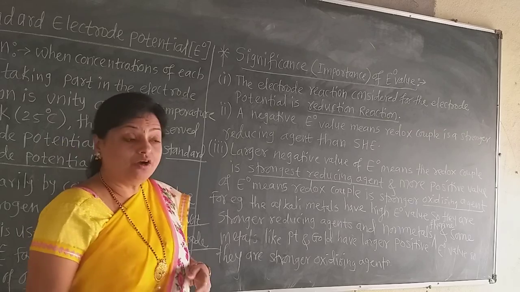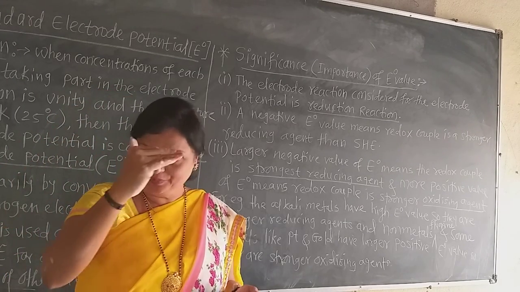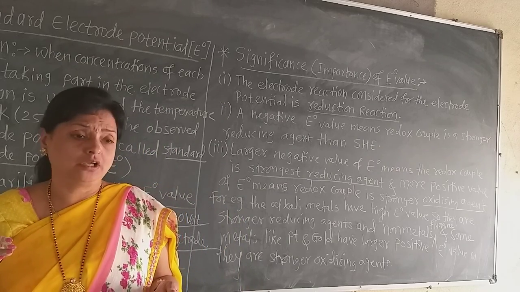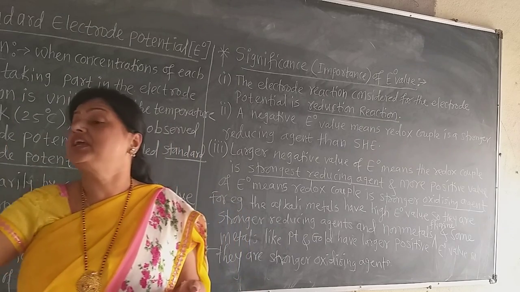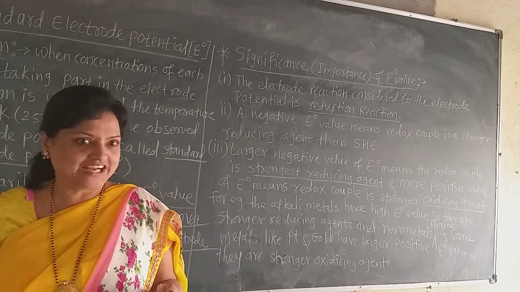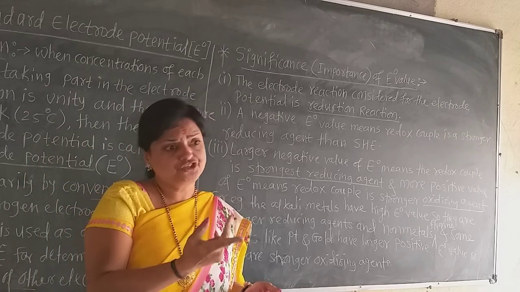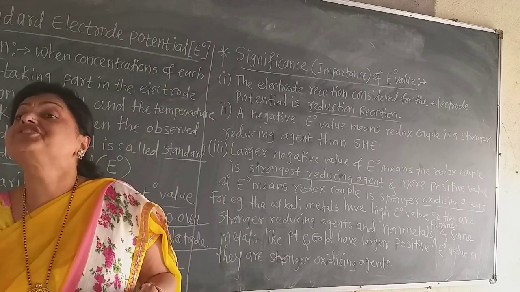So the elements which are more reactive, below the hydrogen, have negative electrode potential. Now in the electromotive force series, the electrode potentials are reduction potentials and not oxidation potentials. There are two types of potential, reduction and oxidation, but in the EMF series, reduction potentials are taken.